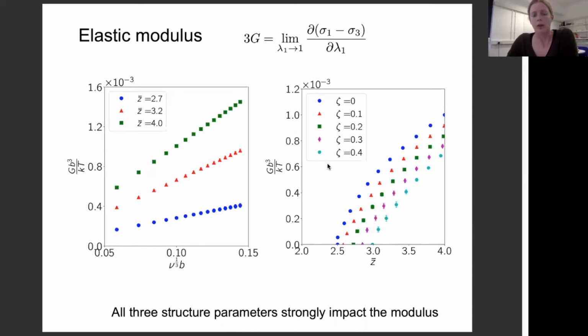We also have the evolution of modulus with coordination, but for different loop fractions at a constant density. So what it shows here is really that for fixed coordination and fixed density, the loop fraction does have a big impact on the elastic modulus. So the more loops you have in the system, the lower the modulus.